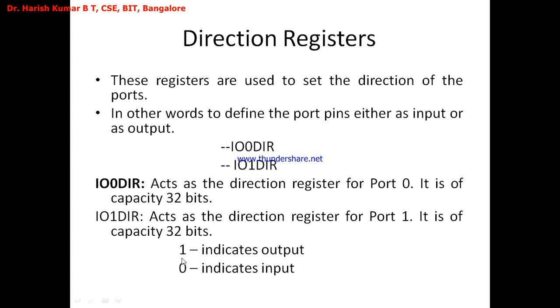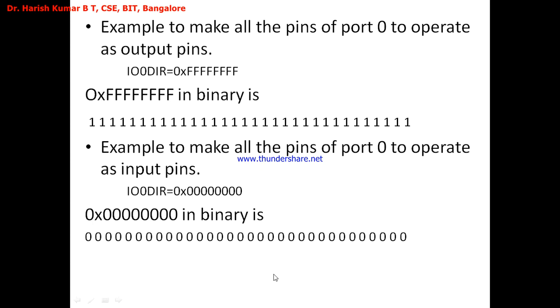Now you have to remember this: 1 is output and 0 indicates input. Now how do I make, for example, all the pins of port 0 operate as output pins? In the previous example, using PINSEL0, you made the port operate in general purpose input output mode.